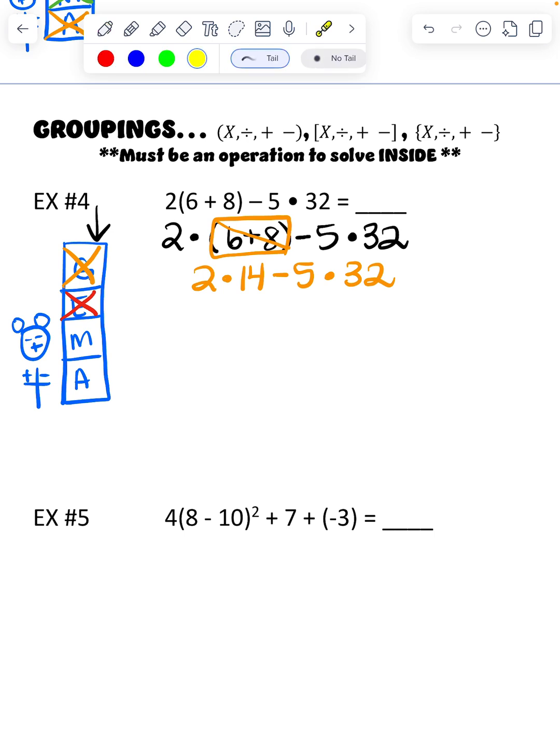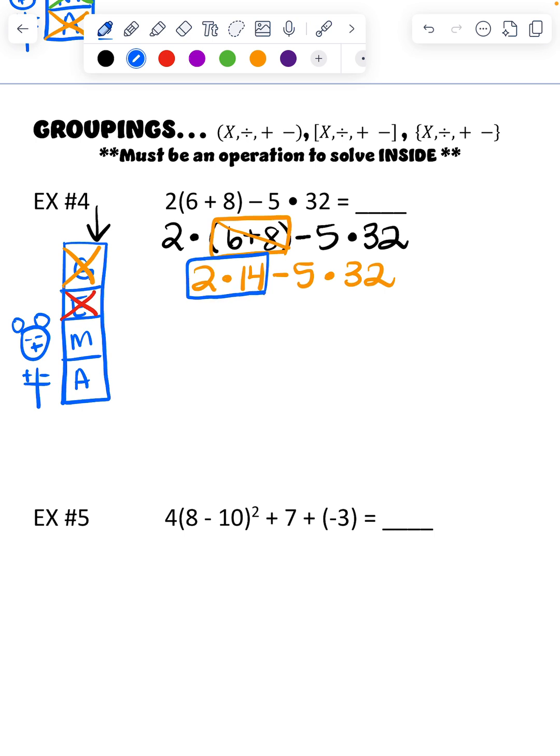And now I'm moving on to multiplicative. I'm looking for multiplying and dividing relationships, and remember, I just move left to right. Is this a multiplicative relationship? Yes, it is, so I'm going to box it, solve it, and bring it down.